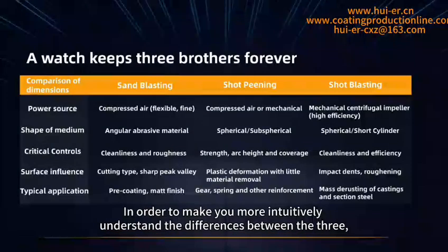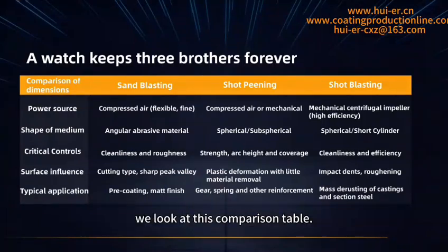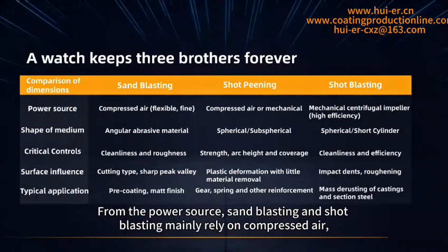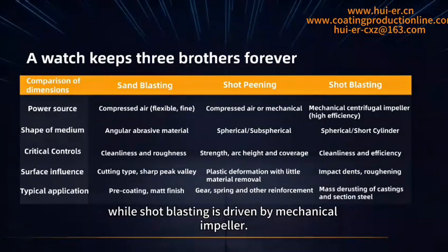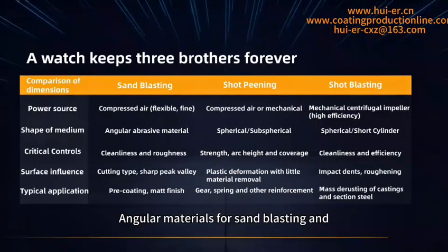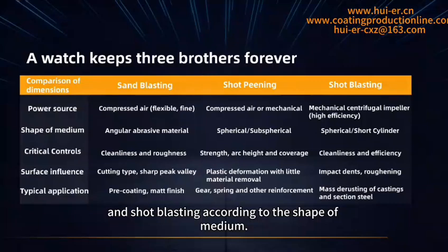To help you understand the differences between the three more intuitively, let's look at this comparison table. From the power source, sandblasting and shot peening mainly rely on compressed air, while shot blasting is driven by a mechanical impeller. Angular materials are used for sandblasting, and spherical or short cylindrical materials for shot peening and shot blasting, according to the shape of the medium.